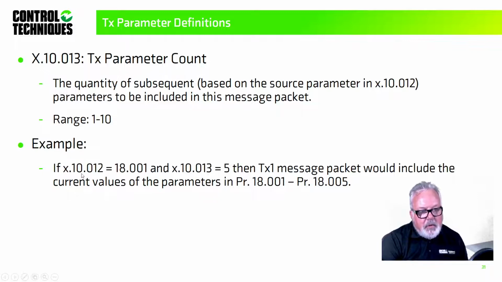So if I've chosen 1801 as my source, and I have 5 here, then my packet is going to include the current values of the parameters in 1801, 2, 3, 4, and 5. So those are the parameters required to set up a transmit link.